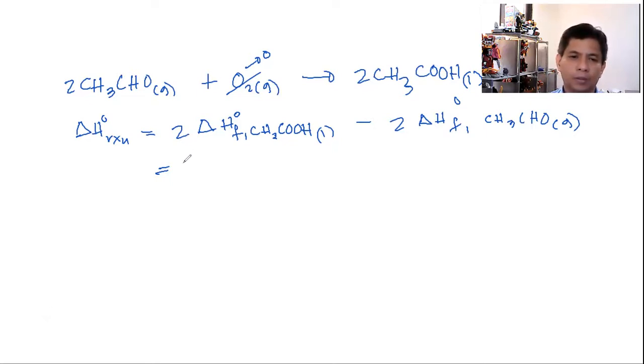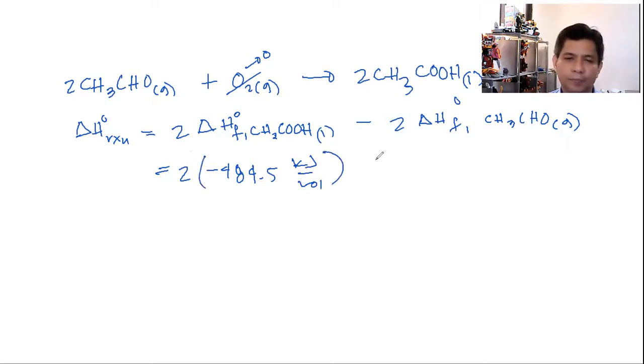So tingnan natin, substitute natin. From the table, the delta H of formation is negative 484.5 sa acetic acid. This is in kilojoules per mole, no? Yung unit niya. Kailangan yung specify yung unit kasi may conversion tayong gagawin mamaya. Minus 2.